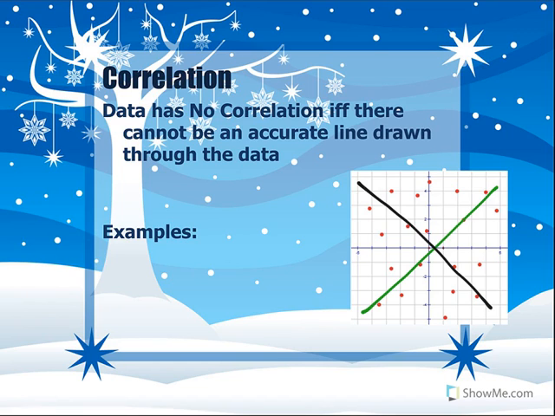Examples of no correlation would be the amount of sunshine and whether the Vikings are going to win on Sunday, or maybe your height compared to your algebra grade. Those are things that have no impact on each other, so if you were to graph those results, you're not going to find any pattern in the data.